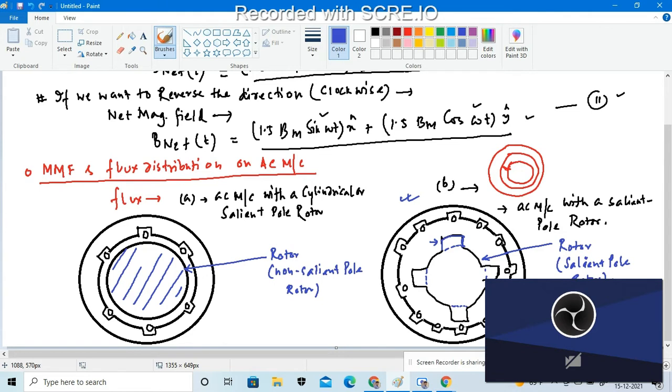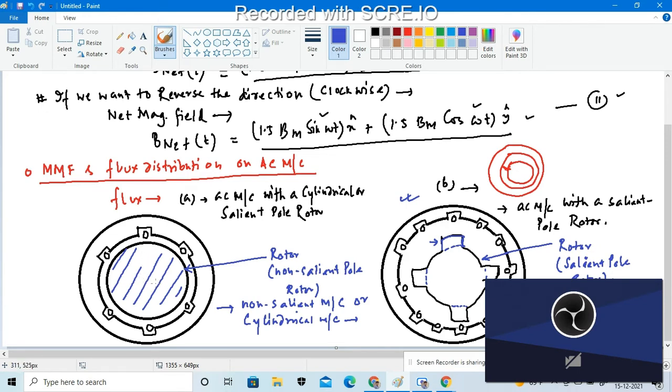And the cylindrical rotor in figure A, the non-salient pole machine, is called a non-salient machine, or we can say a cylindrical machine, as far as the design aspect of the rotor is concerned.